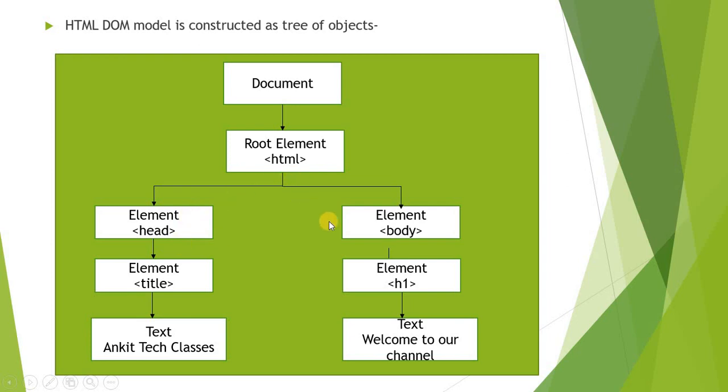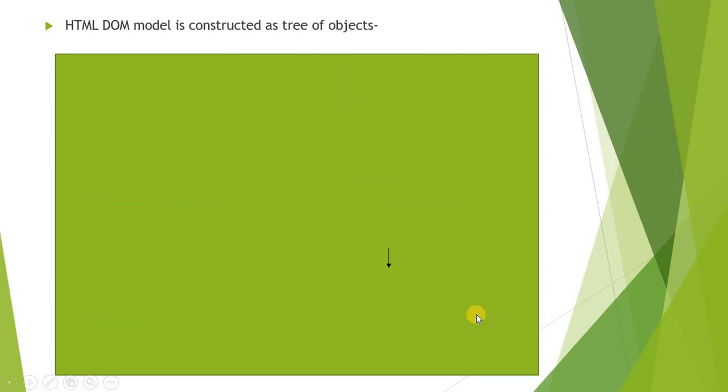It contains all the other HTML elements. Likewise, the head and body; head contains the title element, and the title element contains the text Ankit Tech Classes, and under the body it contains the h1 element. H1 element contains welcome to our channel.